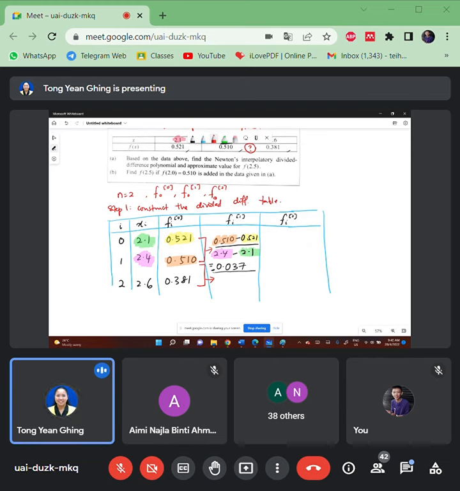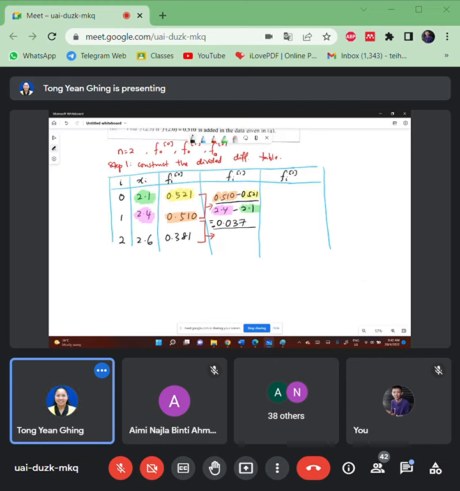Then after that we consider these two. Kan? So these two, that means saya sepatutnya tulis turun sikit ke macam mana? Yeah. So this one is 0.381 minus 0.510 divided by 2.6 minus 2.4.